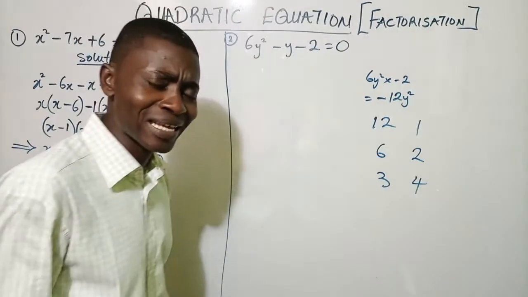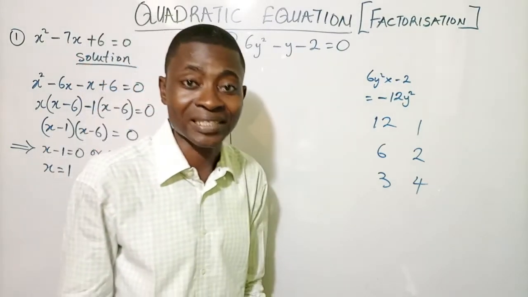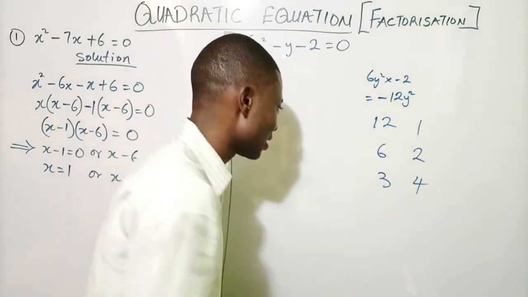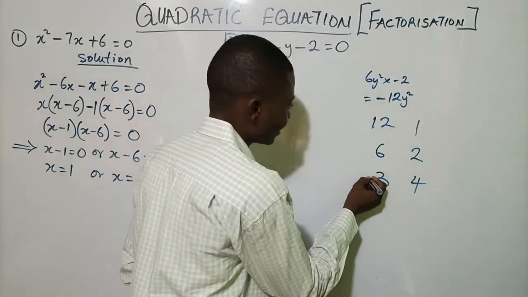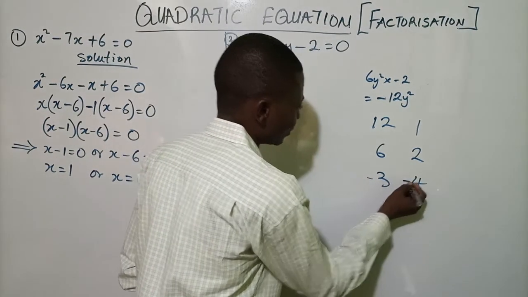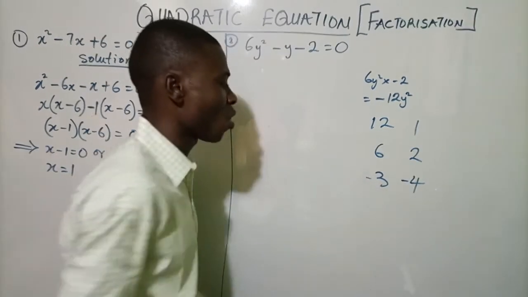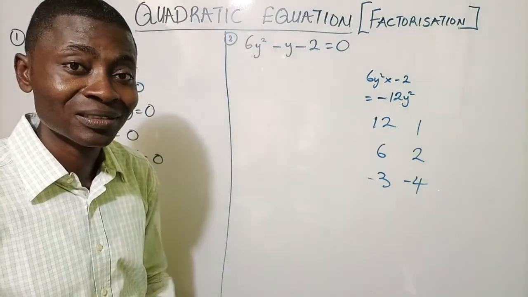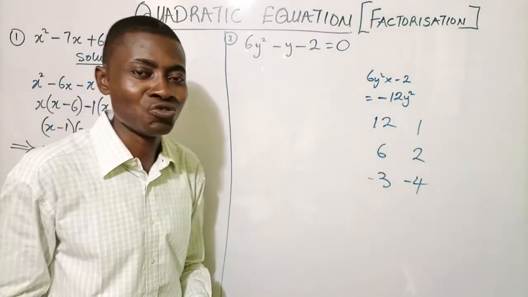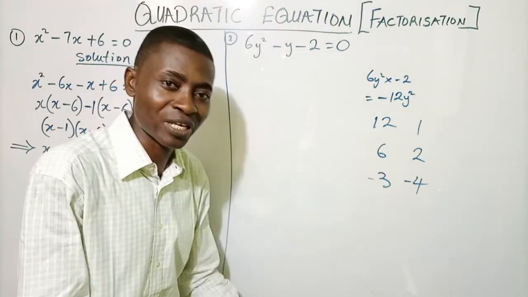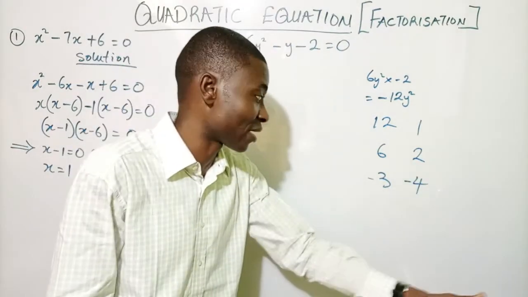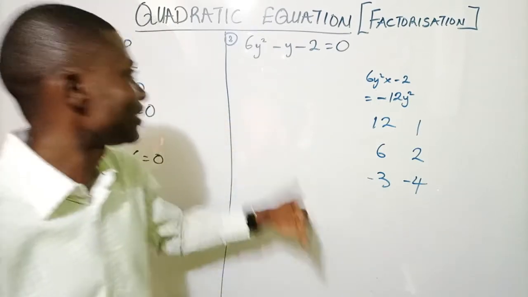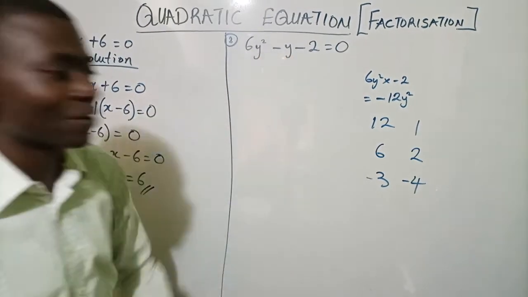So the next thing we ask ourselves is, what will now be the sign? Let's say minus. If I put minus 3 minus 4, will that give me minus 1? Of course, the answer is no. Minus 3 means you are owing somebody 3 naira and you are owing another person 4 naira. That means you are owing 7 naira, which is minus 7. And this is minus 1.